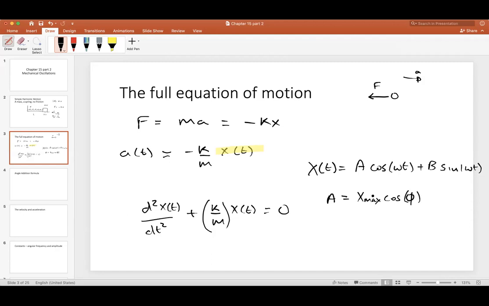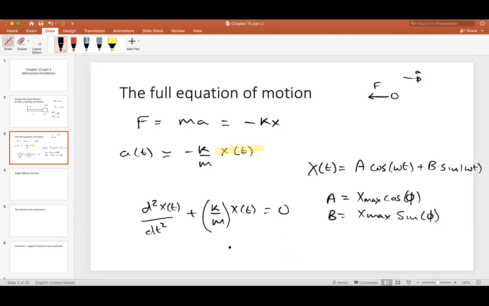And that just tells us where this thing is going to start. Because when time is 0, this becomes 1, and so this becomes the initial displacement of the system at time equal to 0. And B, similarly, will be x max times sine of phi.